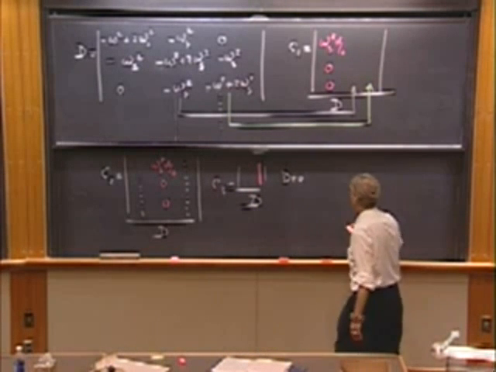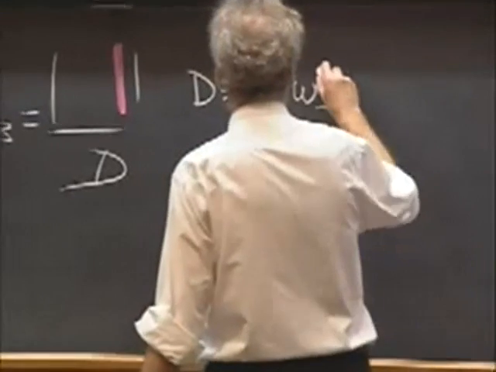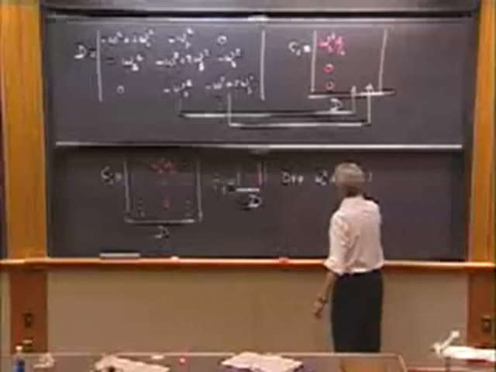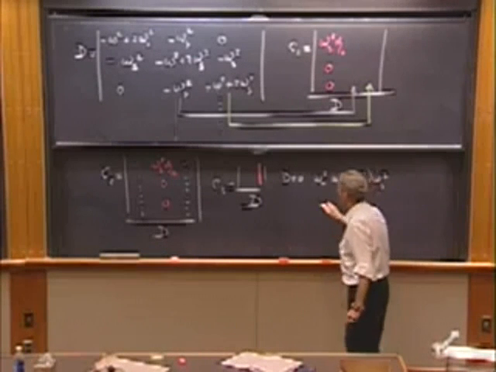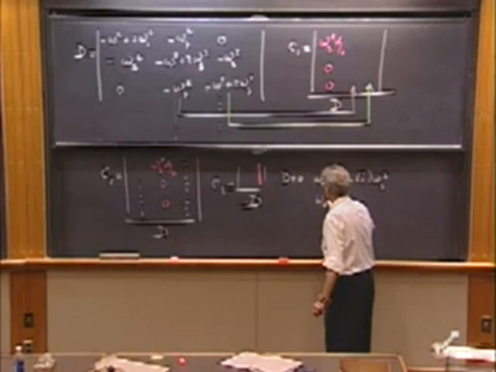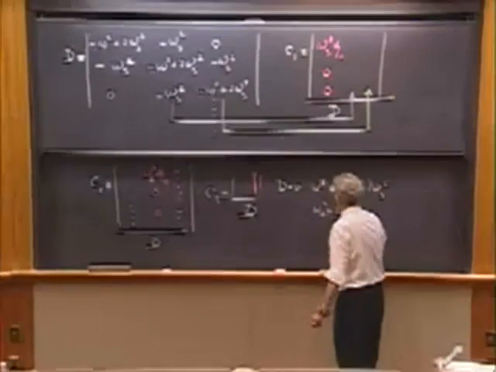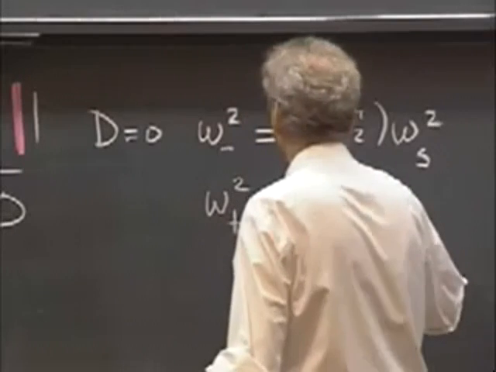And so for those of you who work this out, the lowest resonance frequency, which was the normal mode, is 2 minus the square root of 2 times omega s squared. The one that follows is 2 omega 0 squared.